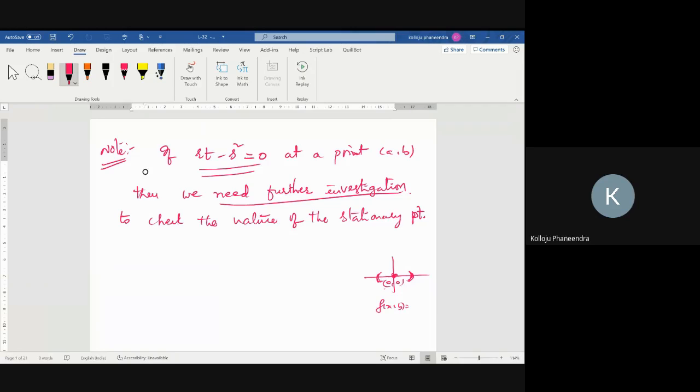That means you take y equal to 0 on the x-axis, so take (0.5, 0) or (0.2, 0), like that. Take some points and check the behavior of the function f(x, y). If it is increasing in the small neighborhood, then it possesses a maximum value.